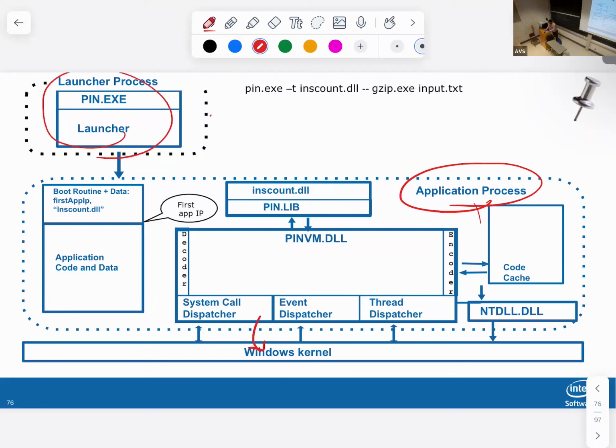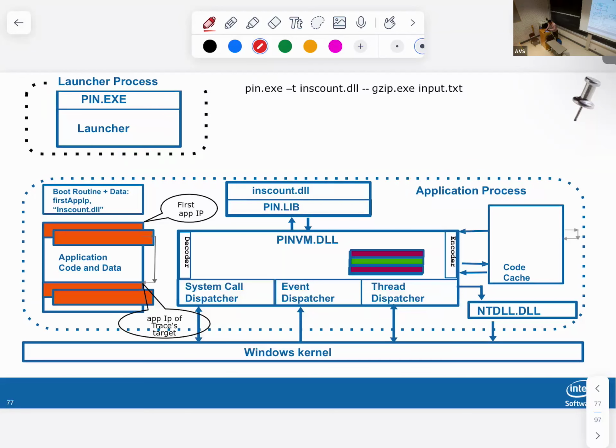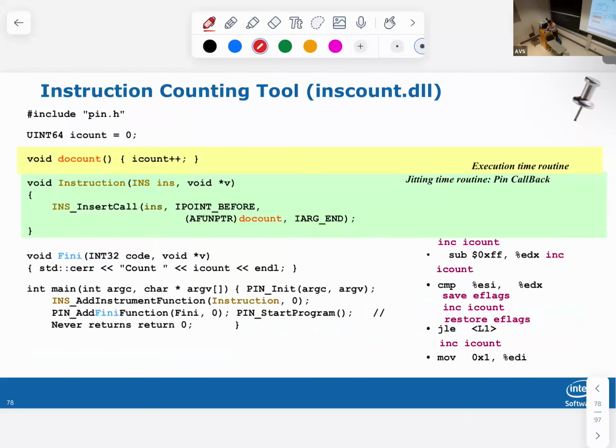The Pin tool launches another tool that does all these things for you, which let's skip because it's not that relevant. And this is what inscount does. As I said, it's a simple thing that just counts the number of instructions.